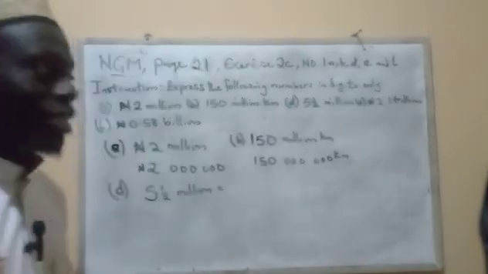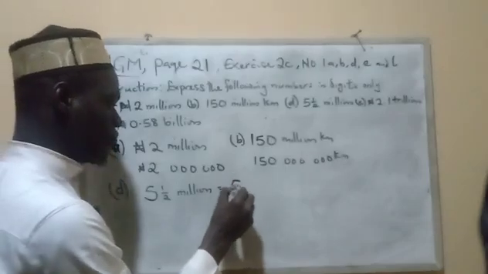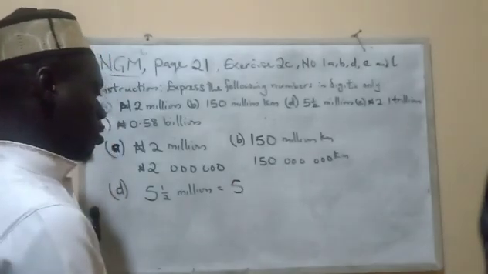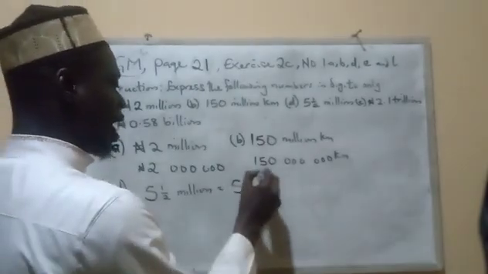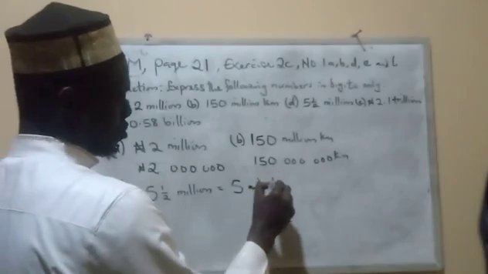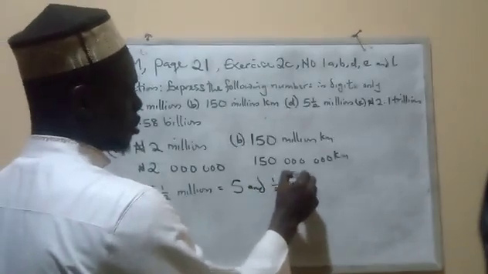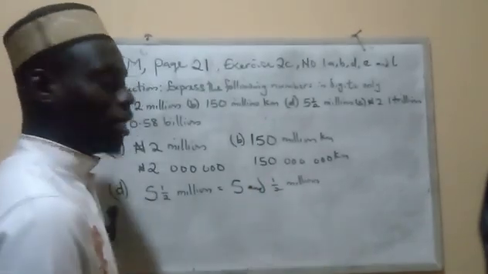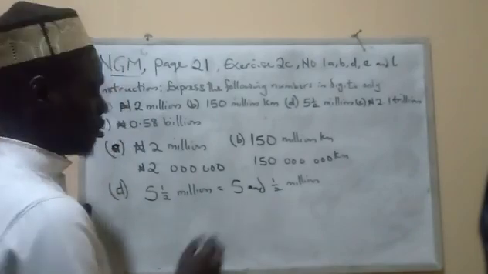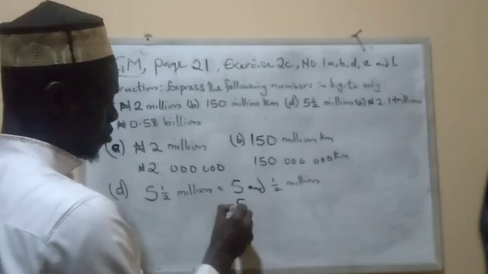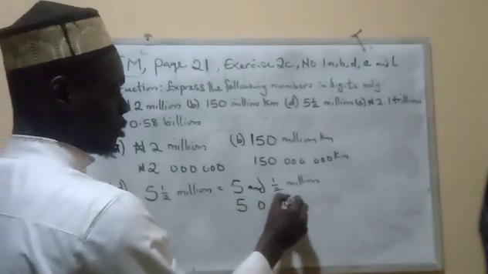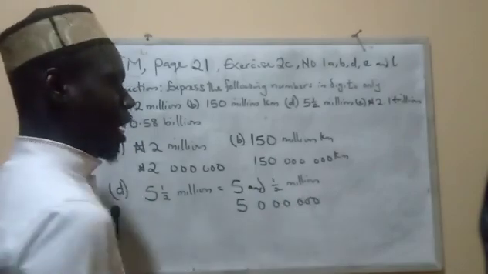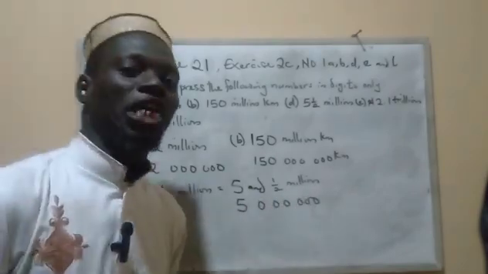We write it that way also. 5.5 means 5 and then half a million. So what does that mean? It means 5 million, we write it in threes as we have said, and then a half million.